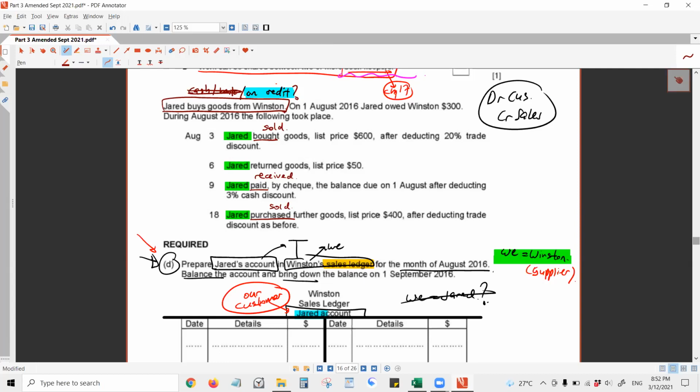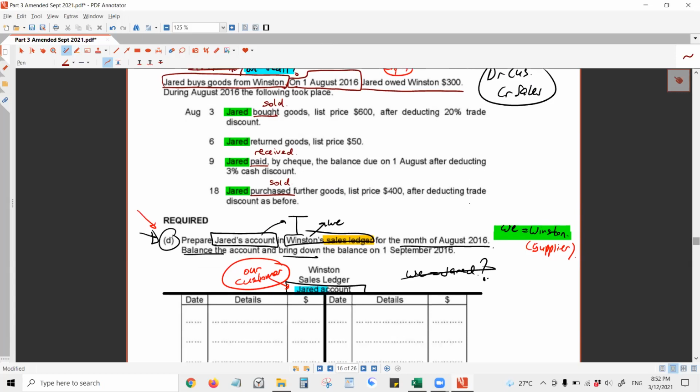So we sell goods on credit to Jared. On 1st August 2016, that's the first day of the month, Jared owes Winston $300. Jared owes us $300. Now I have to decide where I should put the 300.